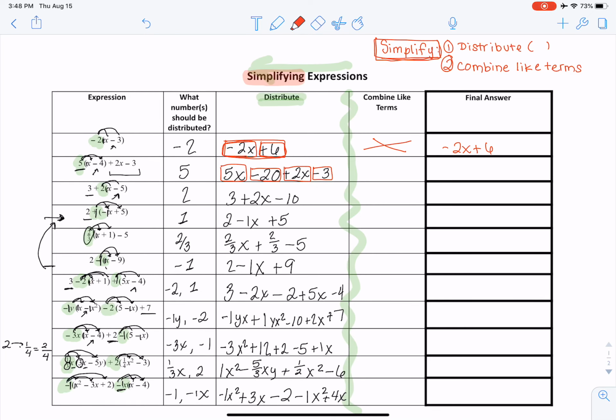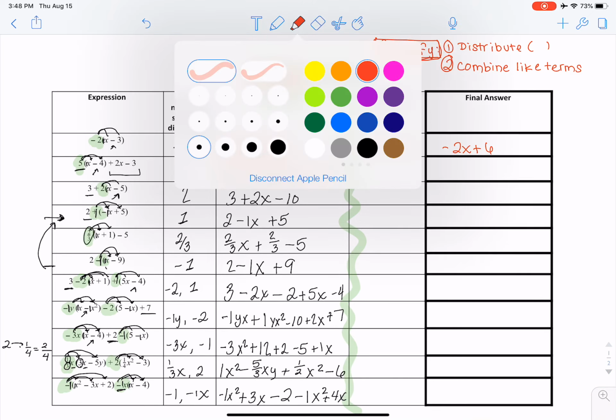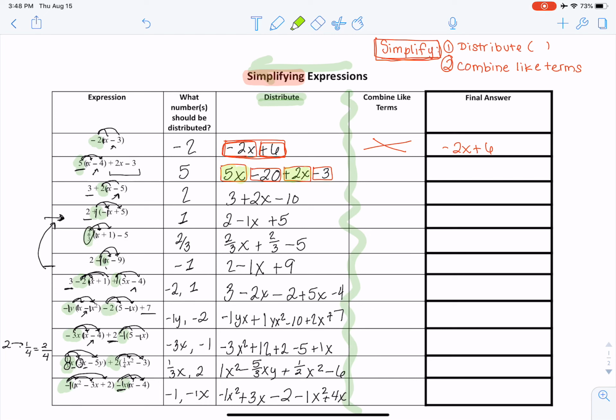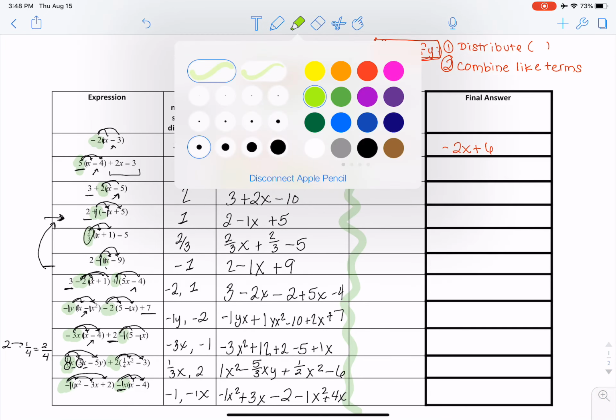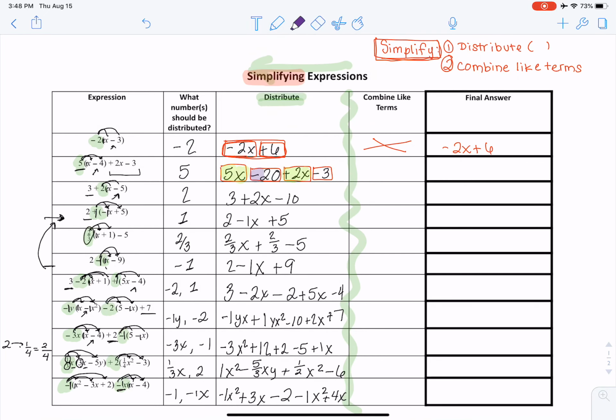So I'm going to combine 5x with plus 2x, and then after that, I'm going to combine minus 20 with minus 3. All right? So we're going to put together the 5x and the plus 2x, and the negative 20 and the negative 3 can be combined. So we're going to group those together. All right?